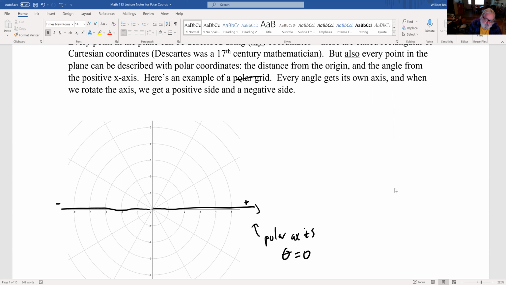If we rotate it 30 degrees, we get the 30-degree axis, right? And the positive side ends up here, and the negative side ends up there.